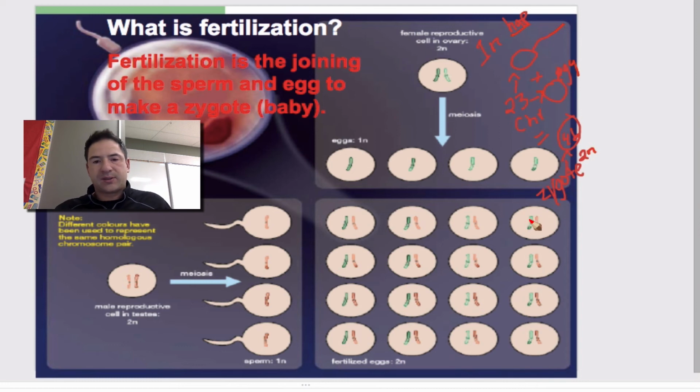So if we were to put this in order, we're going to see fertilization occur first. The sperm is going to fertilize the egg. Both are in a haploid state. Then it's going to have a full set, 23 pairs of chromosomes. It's going to produce a zygote in a diploid state.